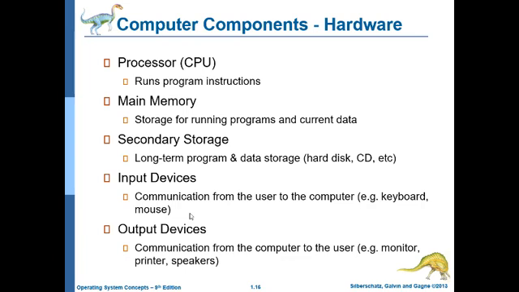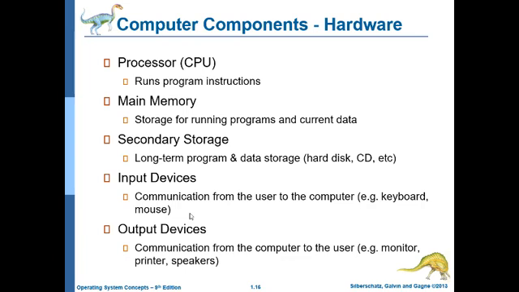So why is it called the brain of the computer? Because actually it is in the CPU where all the processing of information takes place. If you run a program, it is run in the CPU. An operating system runs in the CPU. So the CPU is responsible for running all the programs.